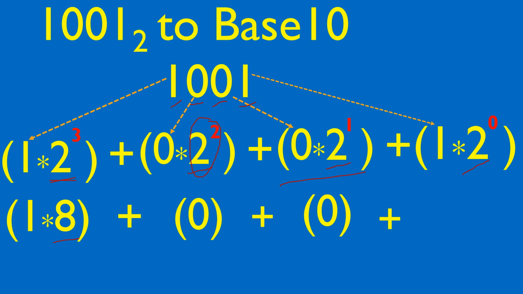And then plus, we have 1 times 2 raised to the power 0, like we mentioned earlier. Once you raise a number to the power of 0, it is equal to 1, except if it is 0 raised to the power of 0. But once you have any other number, and you're raising it to the power of 0, then it is equal to 1.